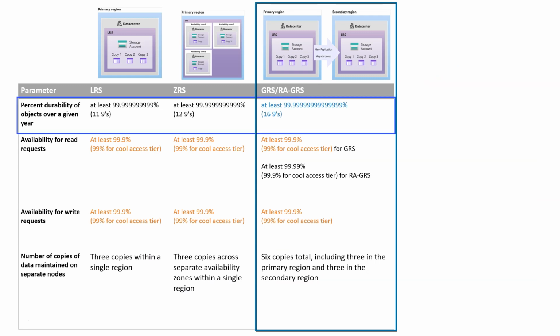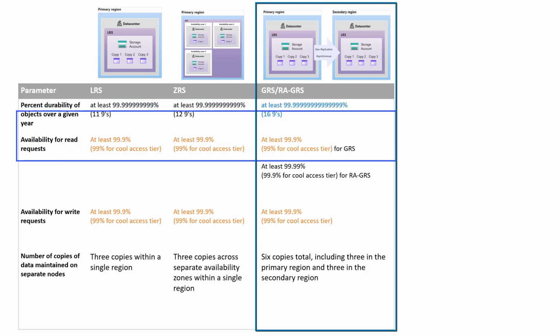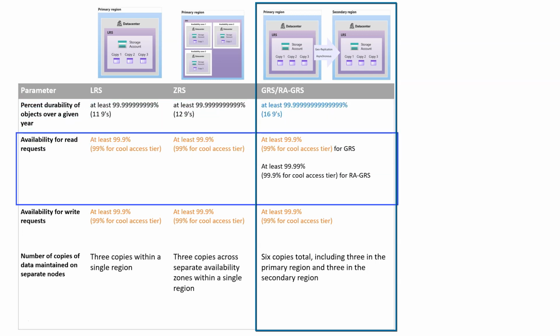Let's see the numbers. This is the one we are talking about, geo-redundant storage. In locally redundant we have 11 nines, which was 12 nines in zone redundant, but now in geo-redundant it increased drastically to 16 nines, which is a pretty big increase. And availability for read requests is 99.9 for normal geo-redundant storage. There is another option called RA-GRS, read access geo-redundant storage.